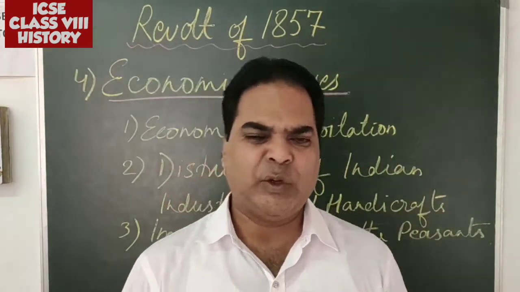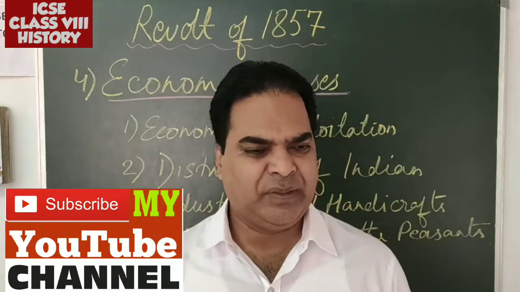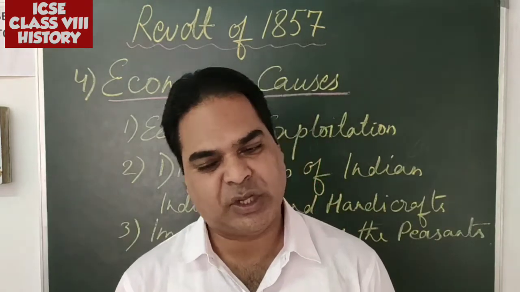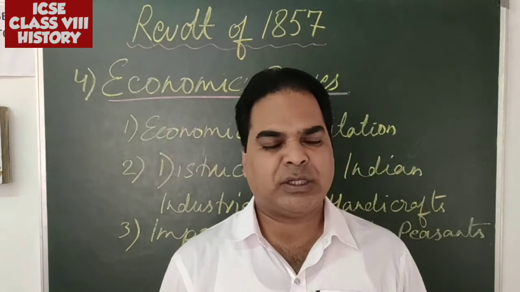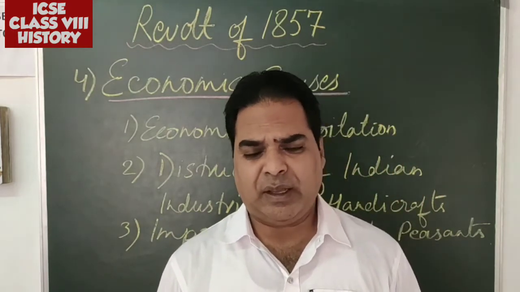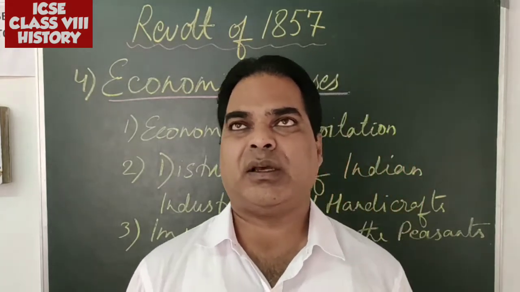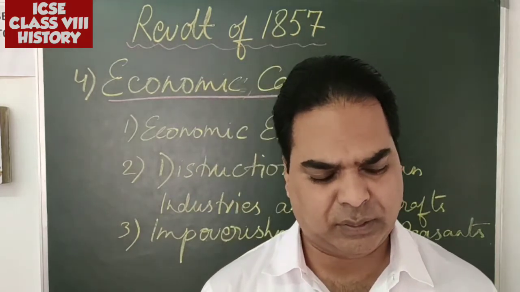Now let me tell you, the Britishers, or let us say the East India Company, their main motive to come to India was to trade and maximize their profit. So initially when they came, they set up their factories and purchased goods from India, like textiles, which were very popular in the world market.